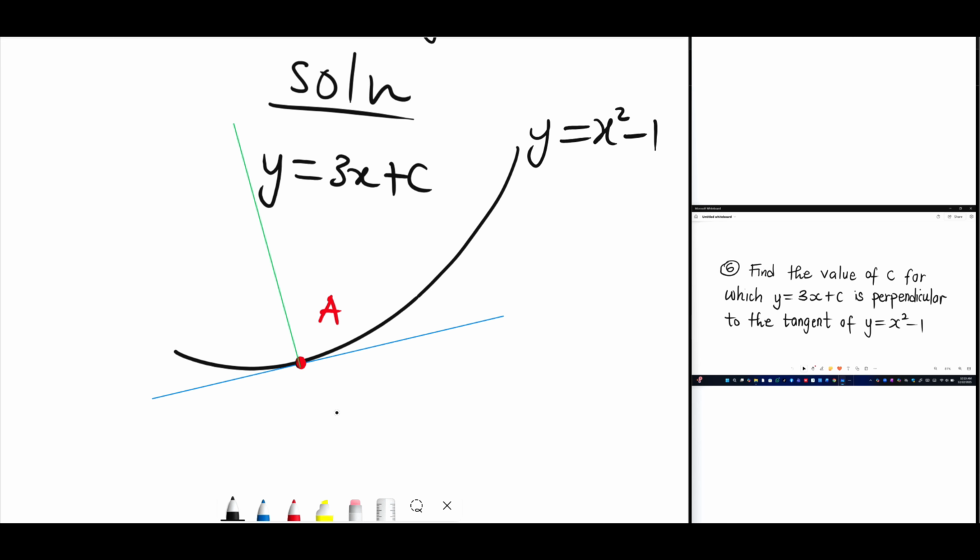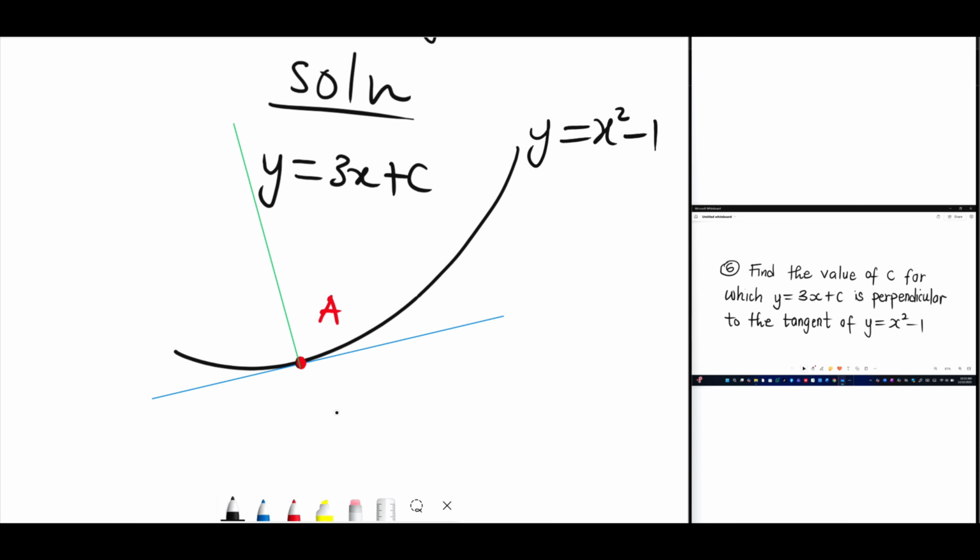The reason why we have it as the normal is that they are saying the line y is equal to 3x plus c is perpendicular to the tangent of the curve, because y is equal to x squared minus 1 is a quadratic function.